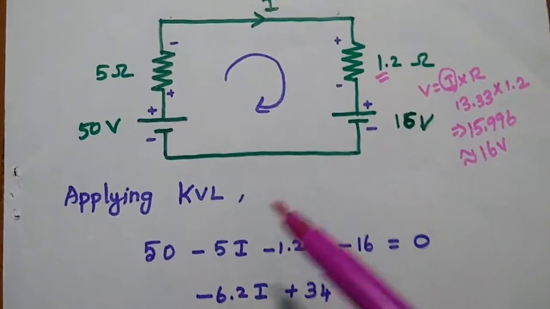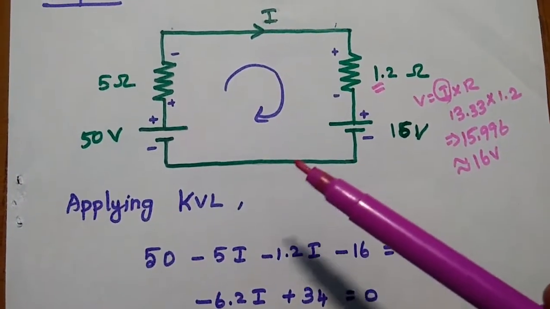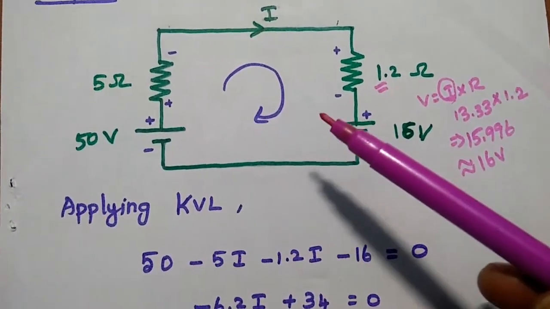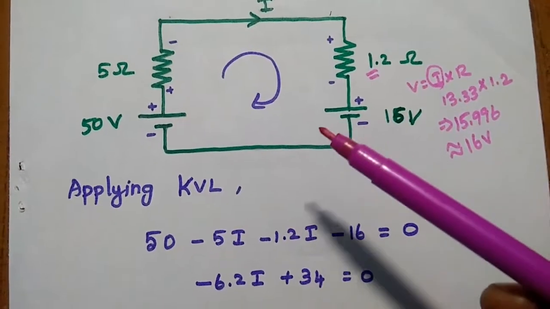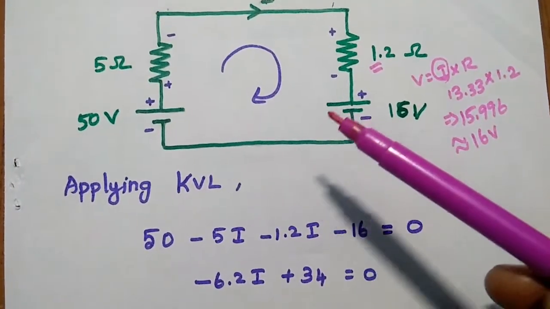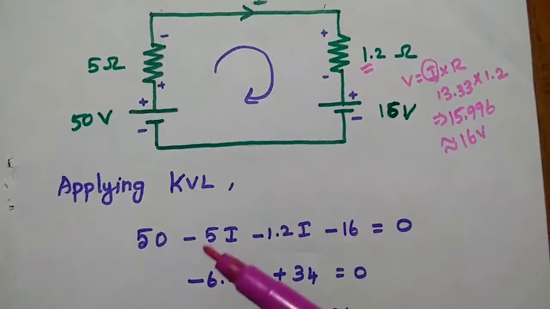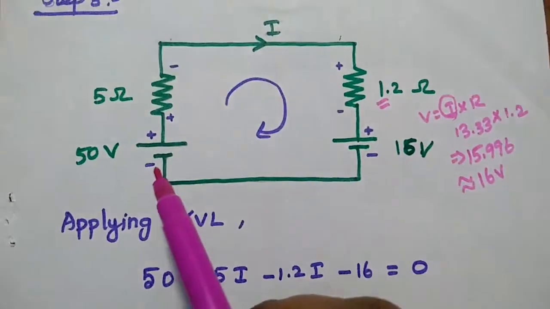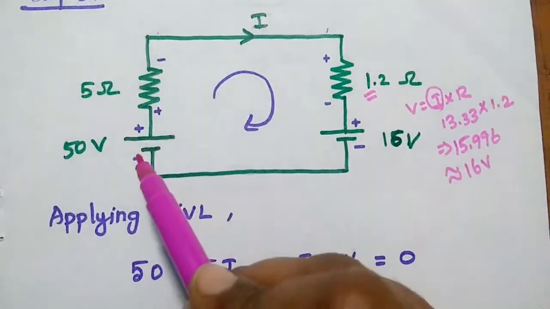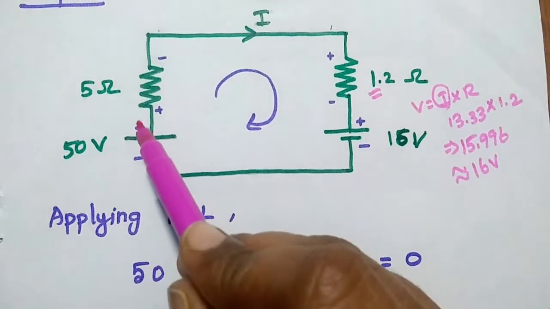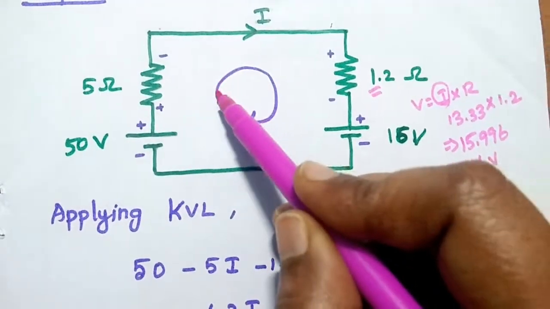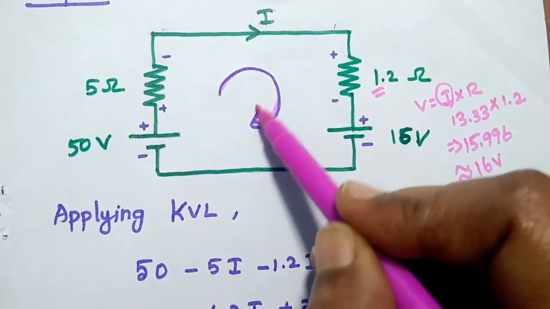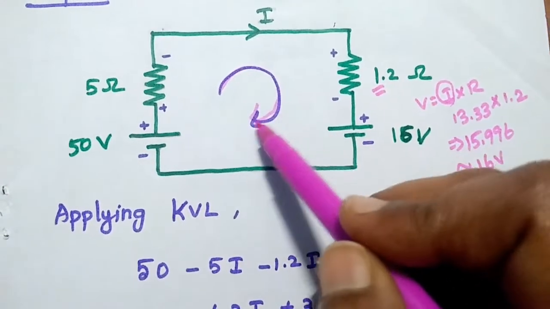Okay. Now we are going to apply Kirchhoff's voltage law to this circuit to find out the current. So now here we should concentrate on the terminals. Okay. So here it is negative, here it is positive. So the direction of the flow is from like this.